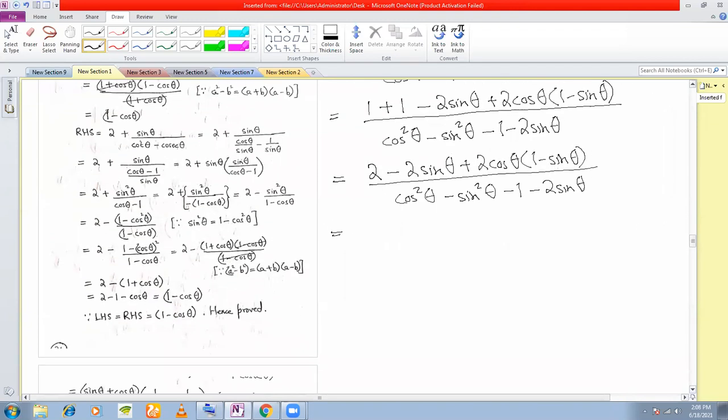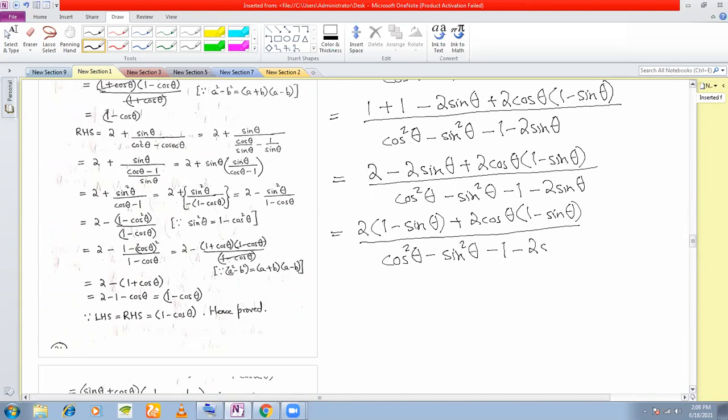Now see, 2 can be taken common. So you get twice (1 minus sin theta) plus 2 cos theta divided by 1 minus sin theta. See, in the numerator, you are getting 1 minus sin theta and 1 minus sin theta. It means the next step, I can take 1 minus sin theta out. So I get cos square theta minus sin square theta minus 1 minus 2 sin theta.